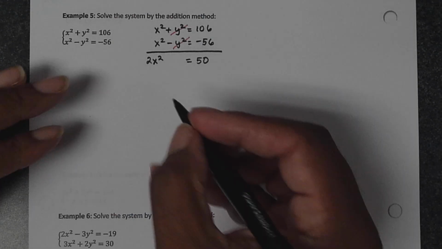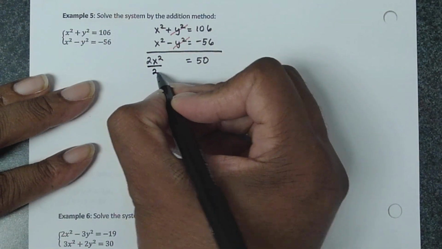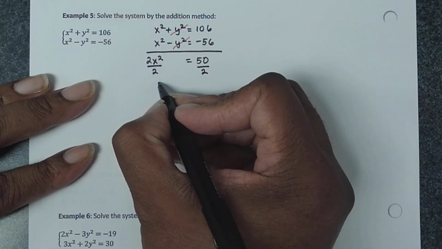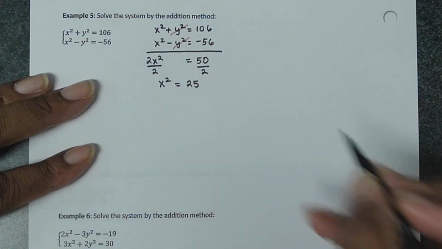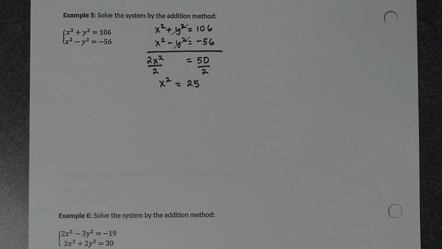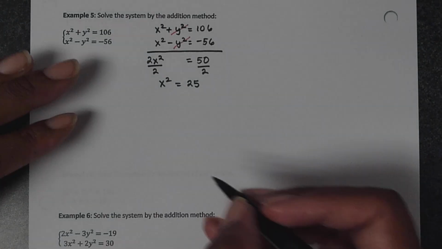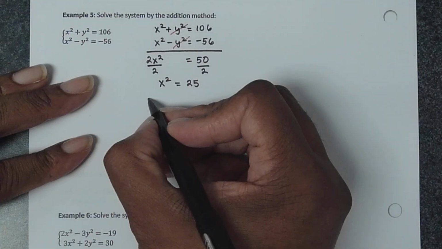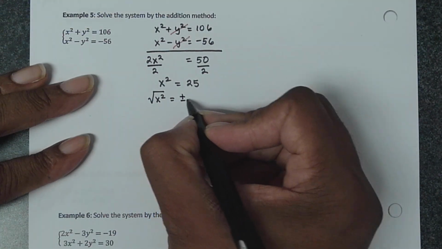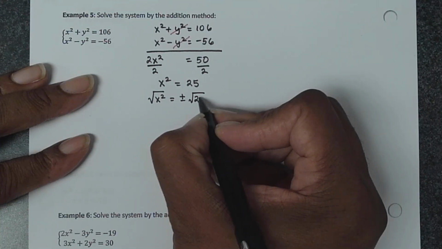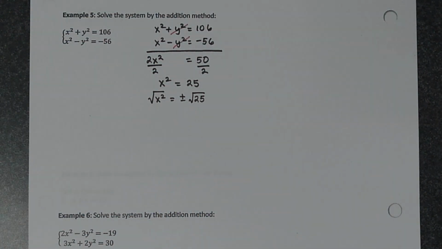To get x squared by itself, I'm going to divide both sides of that equation by 2. So x squared will be equal to 25. Now, the opposite of squaring something would be to take the square root on both sides. So to solve for x, we have to take the square root on both sides. And if we do that, we must include the plus or minus symbol.